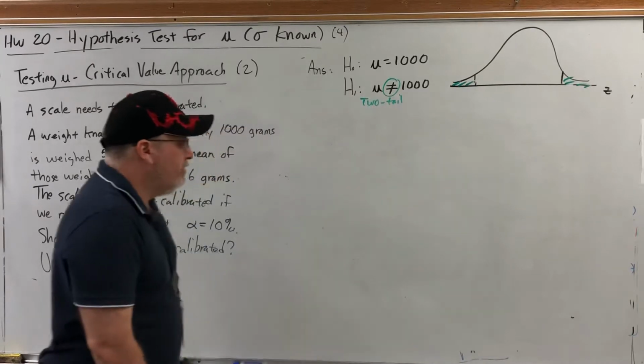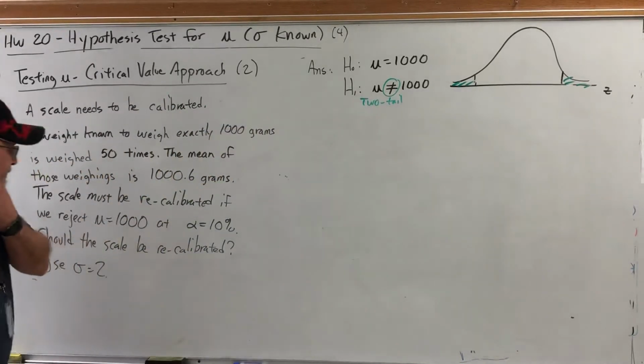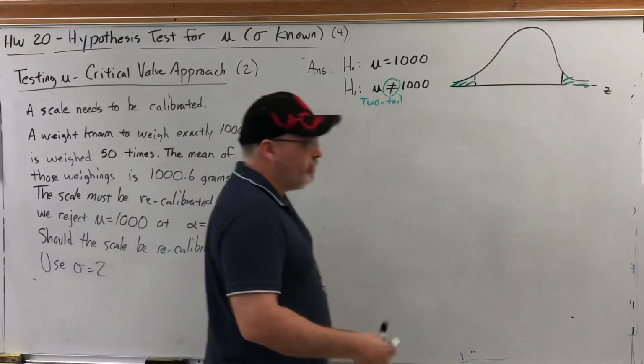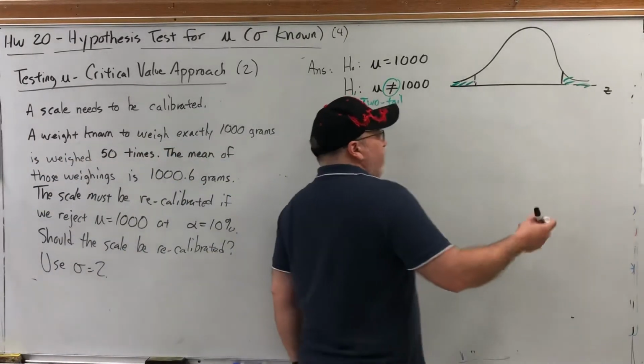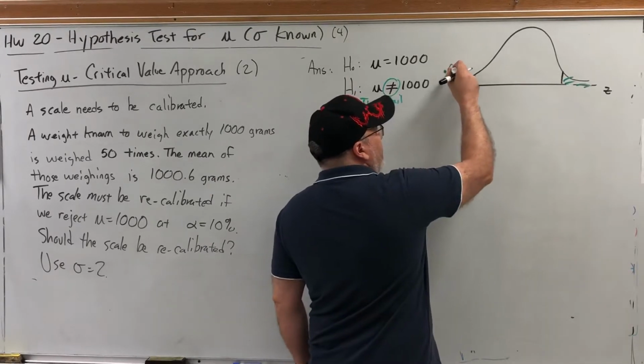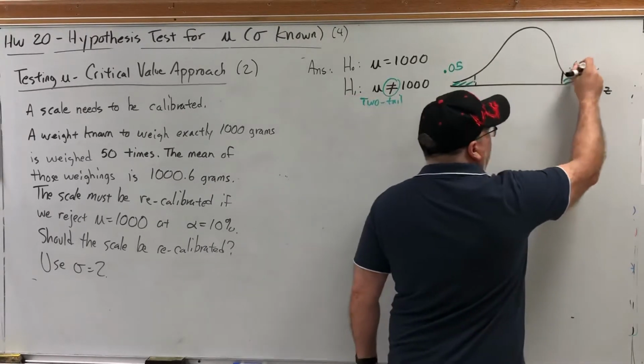What is the area of those tails? Well, collectively their area is 10%, but there are 2 tails, and therefore the area must be cut in half. Each tail is 5%. So the area of each tail is 0.05.